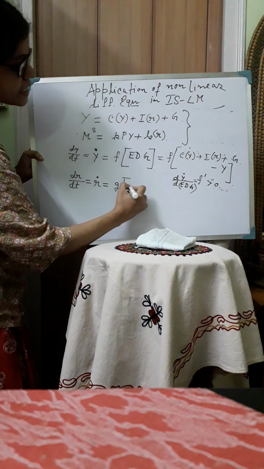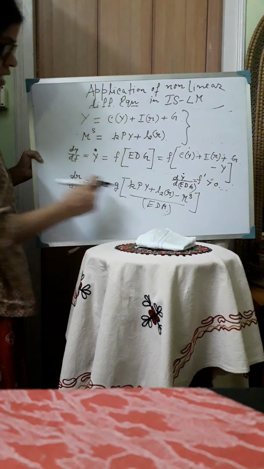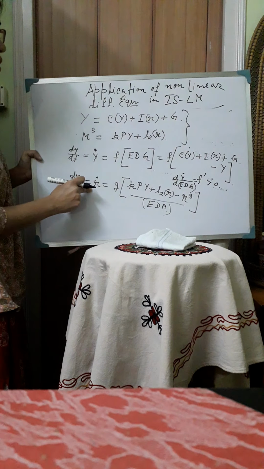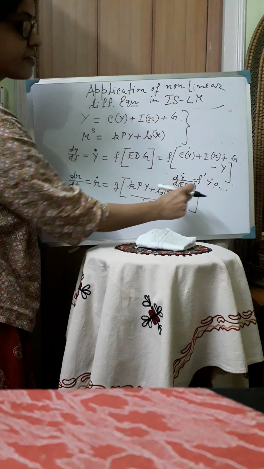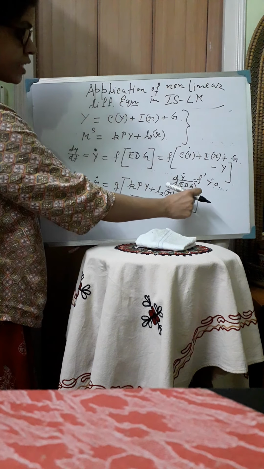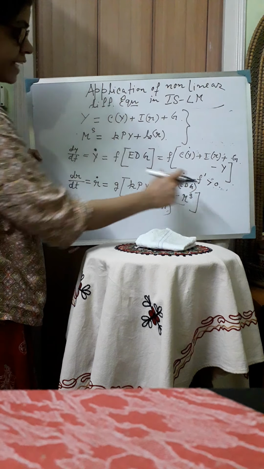Now if total demand for money is greater than the total supply of money, then we have to reduce the demand for money to maintain the equilibrium in the money market. So in that case, this part has to be reduced.